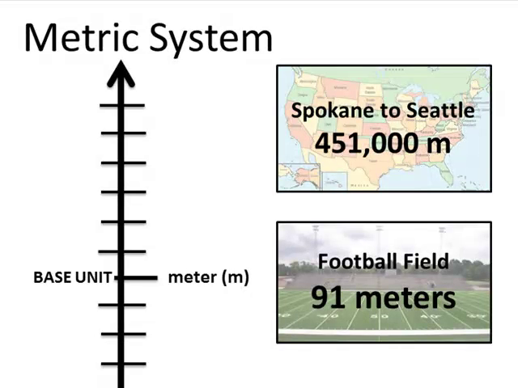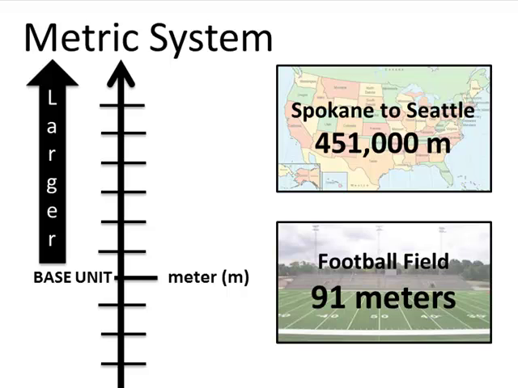It's important to learn these abbreviations and pay close attention to when they're capitalized and when they're lowercase, because that has significant meaning in the metric system. So it's okay to report the distance from Spokane to Seattle as being 451,000 meters, but because that number is large, you might choose to use a prefix to simplify the number.